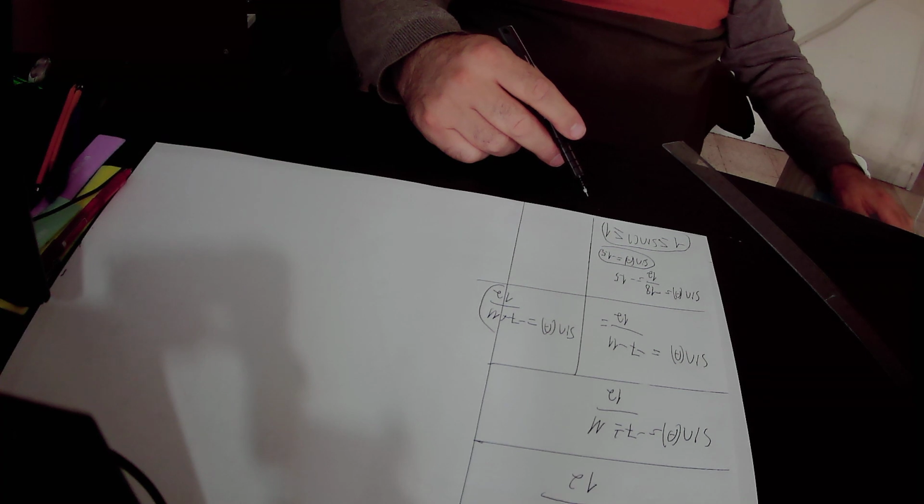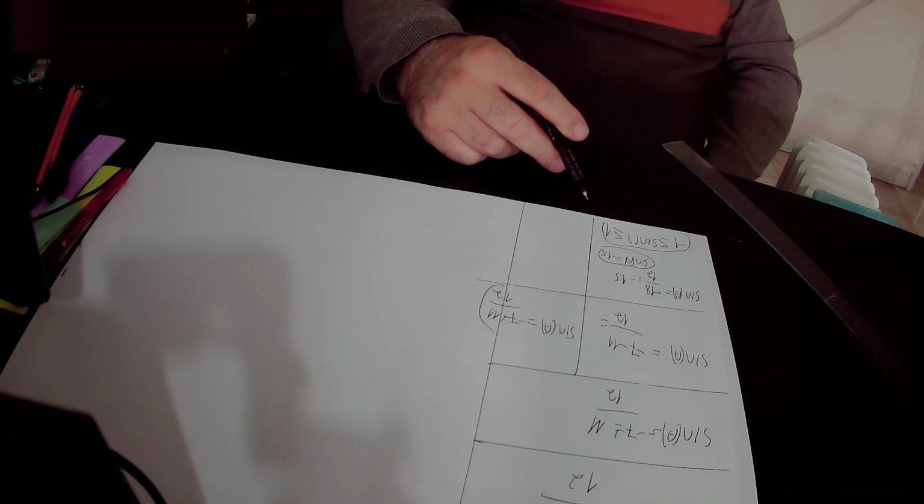So it is impossible that sine theta will get the value of minus 1.5.